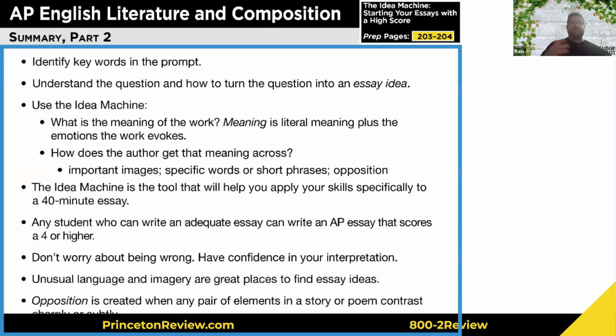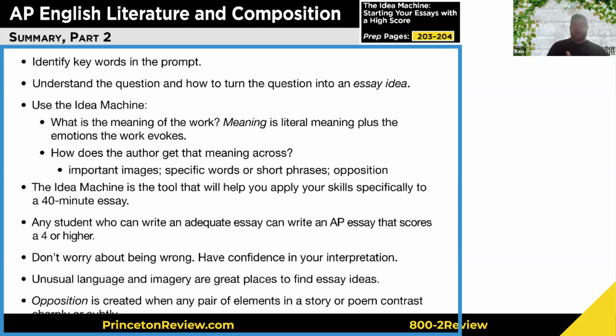You can say in this work, this author uses these devices to get people to stand up against the tyrannical government. And then you are off and running with giving your lines of reasoning as to how he does that. So the idea machine is a tool for creating arguments.